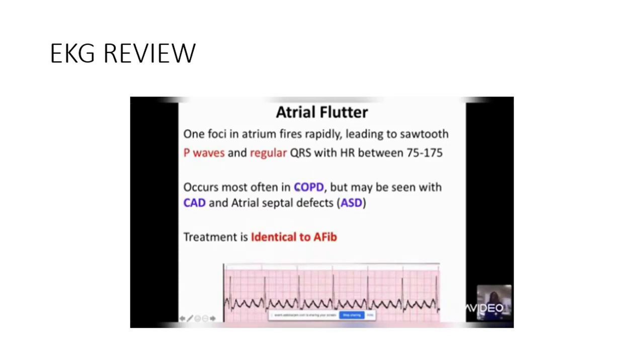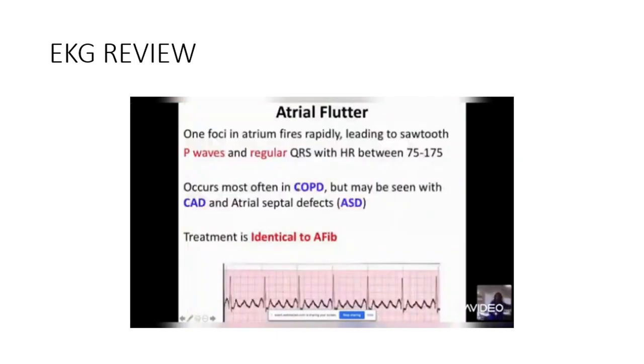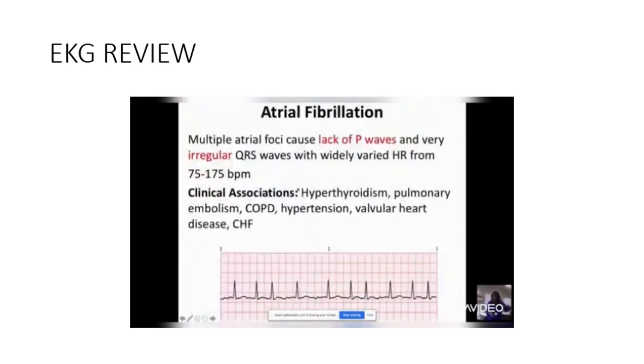So two things you need to look for in this strip. Do you have P waves? Yes, they're sharp. Are your QRSs regular? Yes, they are. Now let's look at fibrillation. There's no P waves there. I see wiggly lines. So here's the difference. Okay, so go back. Flutter has P waves, they're edgy. Fibrillation does not.